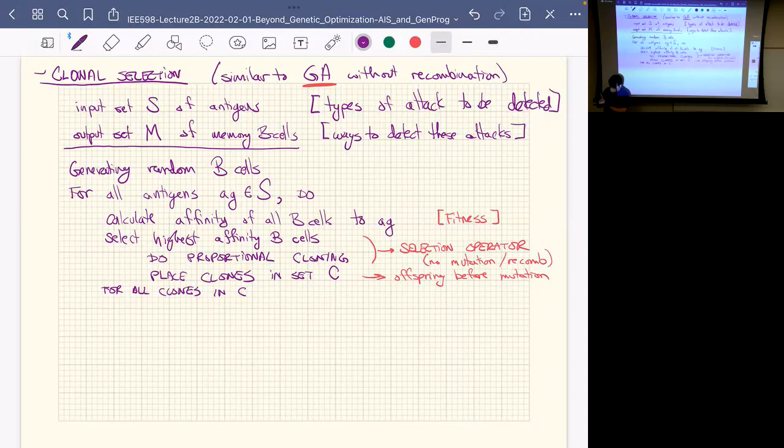So mutate each at a rate inversely proportional to affinity.